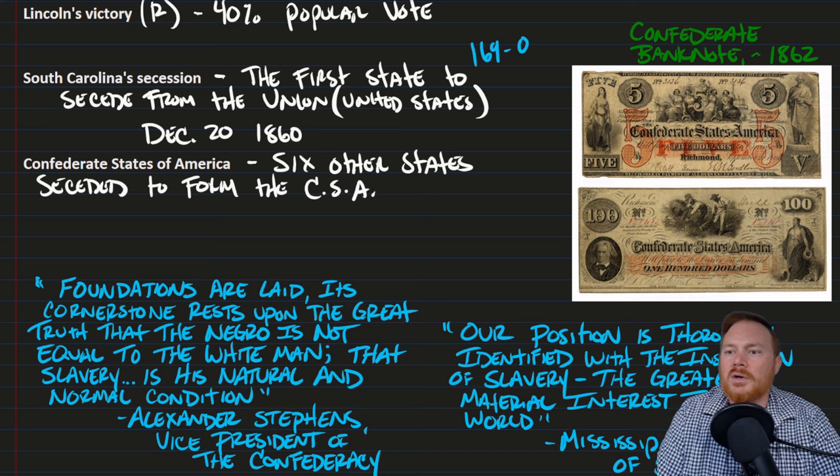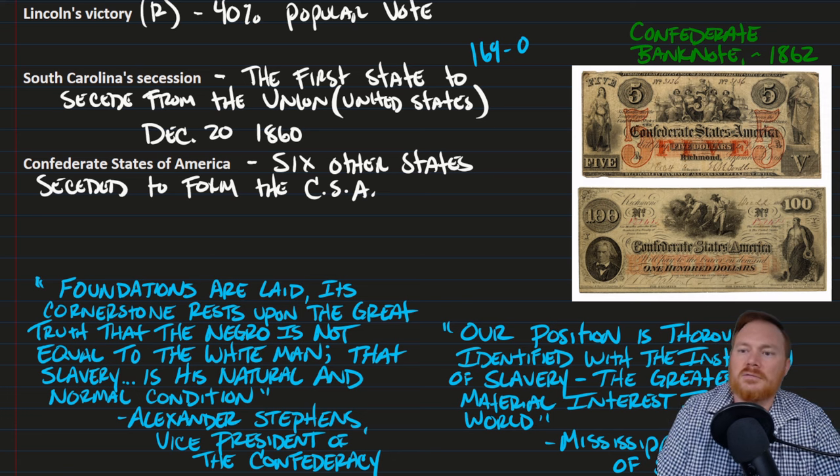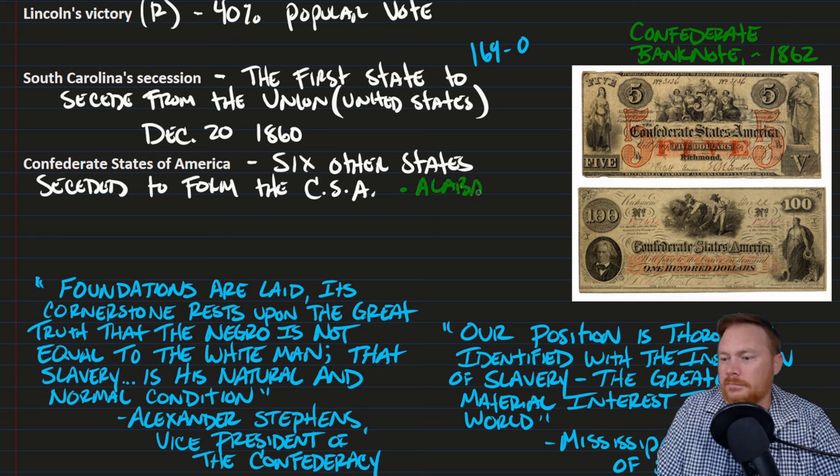And those states were, and not that you probably have to know this, but let's see if I can actually test myself and remember this. Alabama, Florida, Mississippi, Louisiana, Texas.